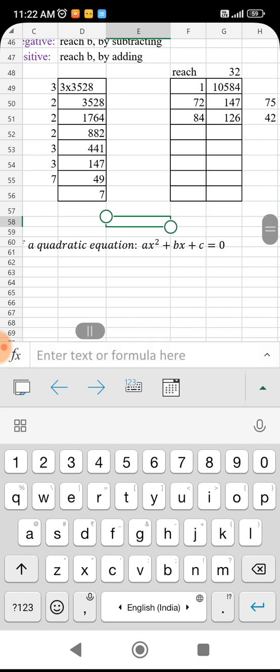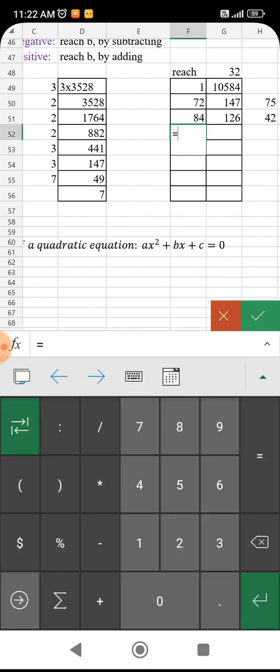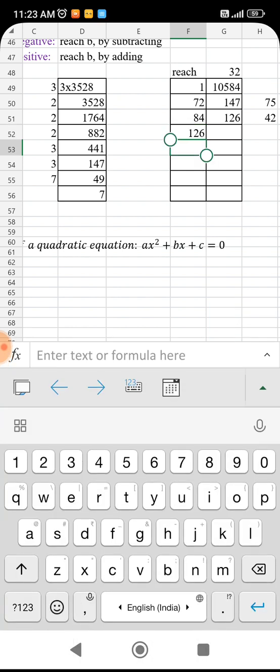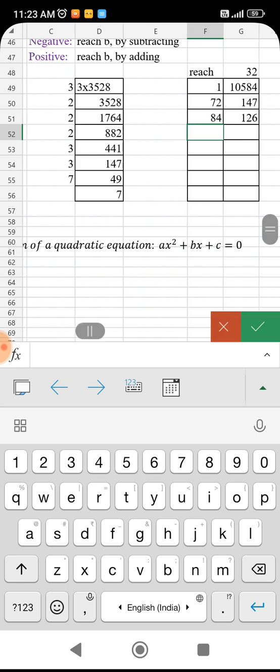I forgot this value, so we have to calculate it. 7 into 18 is 126. So we have already considered this value, and we have to consider a different value. We cannot consider these two.